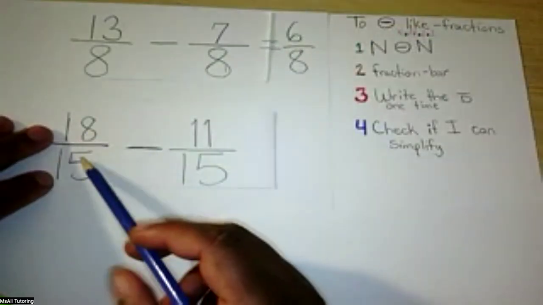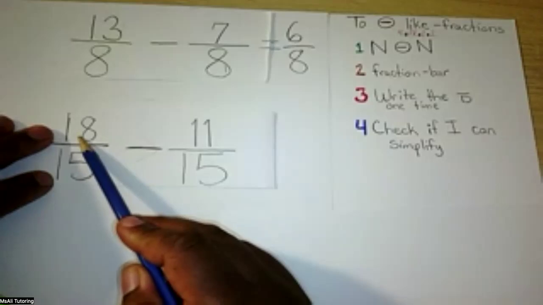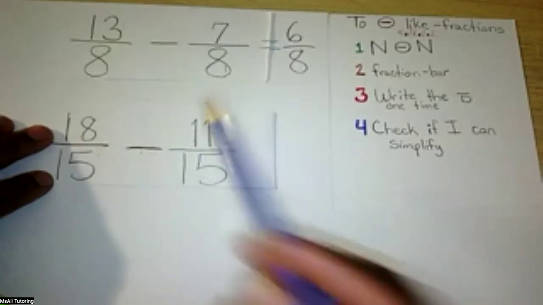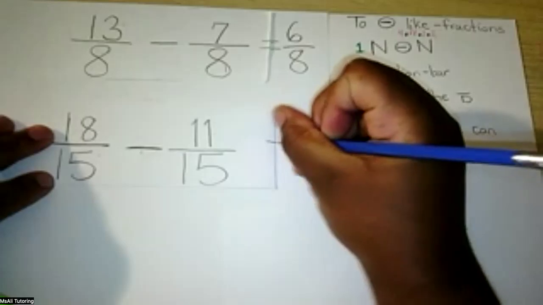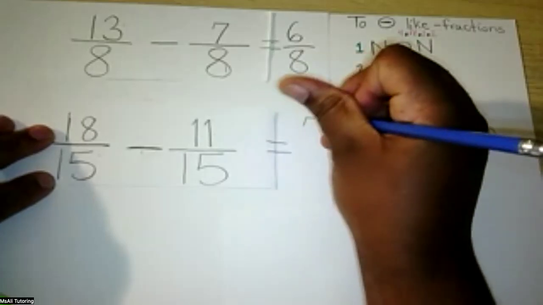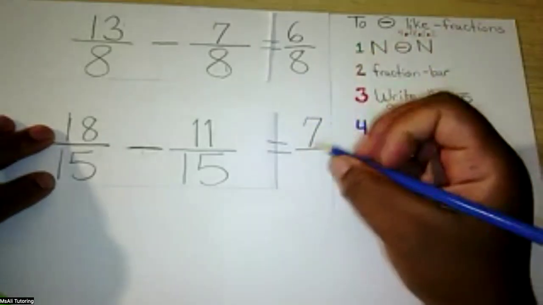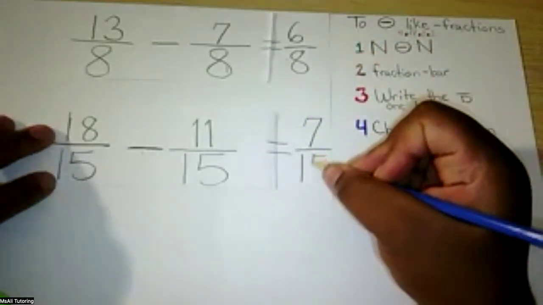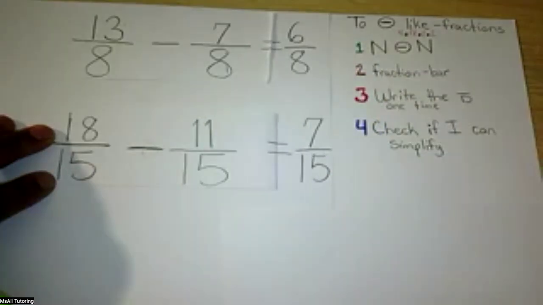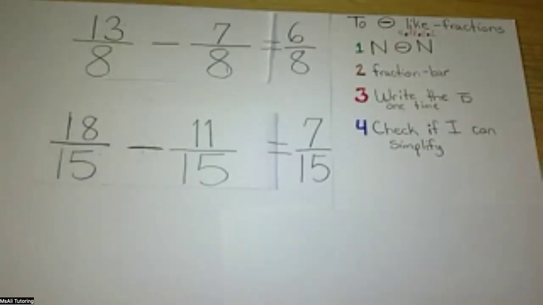I could do this calculation. 18 minus 11, well, that equals 7, so that's my new numerator. Fraction bar, write the denominator one time, check if I can simplify. And I'm going to use that to get started on lesson 9-5.